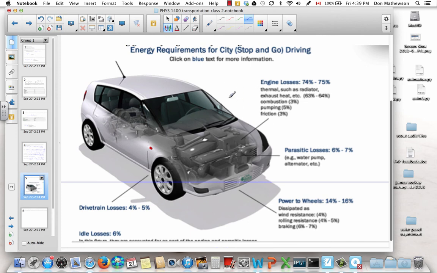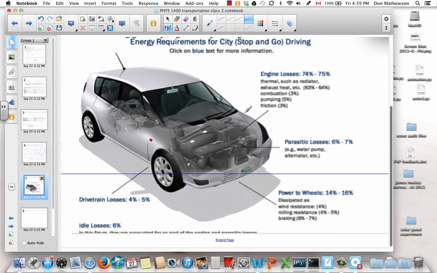That came from this graphic, which is from the U.S. Energy Agency. We see that although the engine is about 25% efficient, when you include the drivetrain losses due to friction and then idling losses, you only get about 14 to 16%, so about 15% efficiency overall.